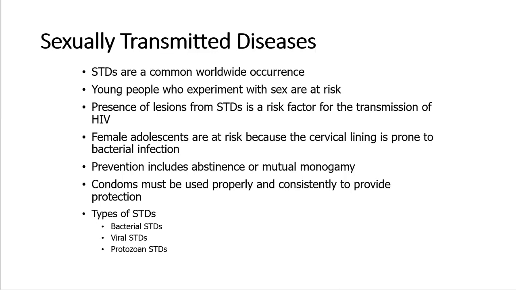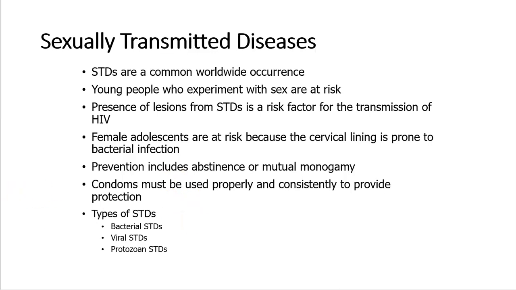And so that cervical lining is thinner and more prone to bacterial infection. It's a fact. So prevention is usually abstinence or mutual monogamy. Condoms must be used properly and consistently.